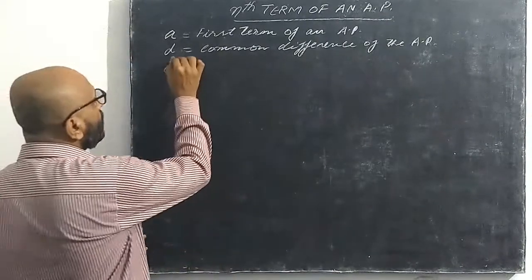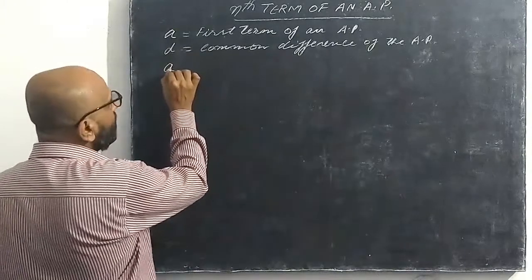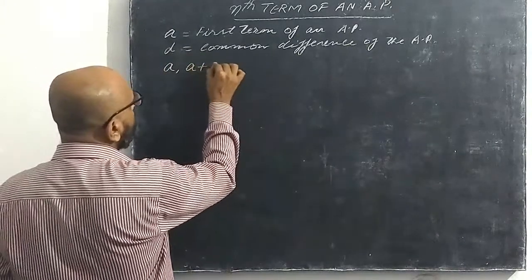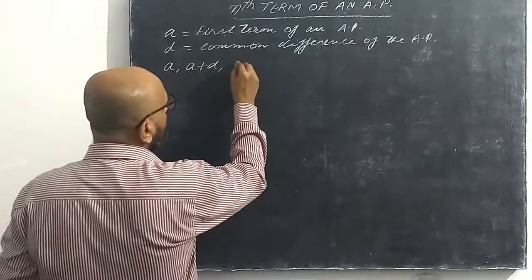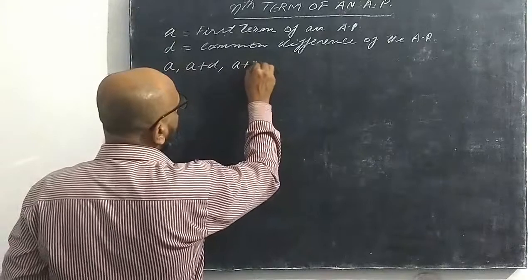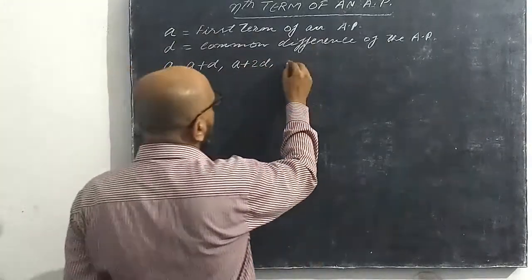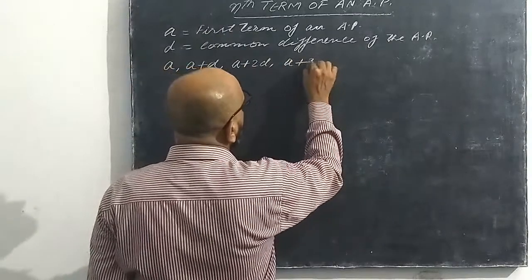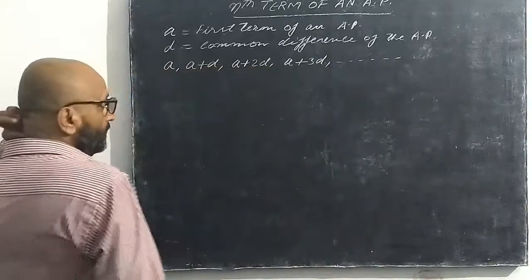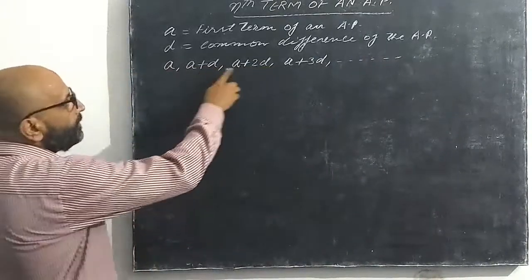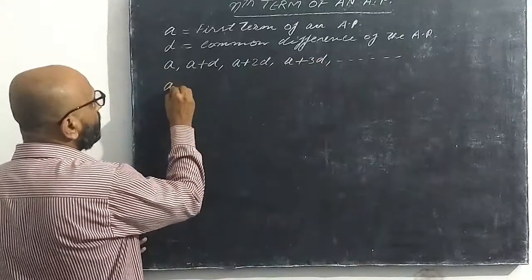So if we want to find the next term, we have to add D to A. So we have A plus D. And if we add D to this, we get the next term, A plus 2D. If we add D to this, we get the next term, A plus 3D, and so on. This is the first term, this is the second term, this is the third term, and this is the fourth term.